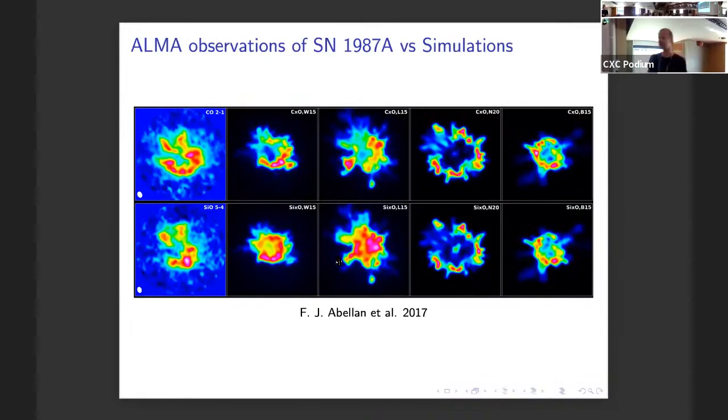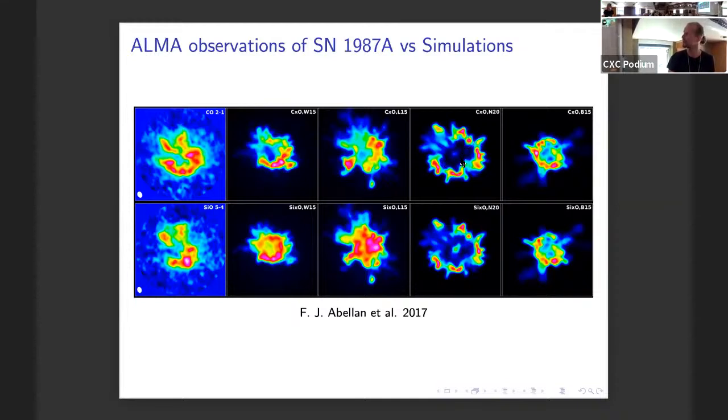Now, what we can do next, or what we have done already some years ago, is compare these models, the 4 models I have discussed before, to observations of 87A. Just by looking at this very simplified, more or less qualitative comparison, we can already see, for example, that for the CO observed in 87A, some of the models don't work.